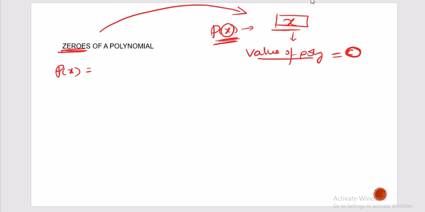Suppose p of x is equal to x square minus 2x minus 3.